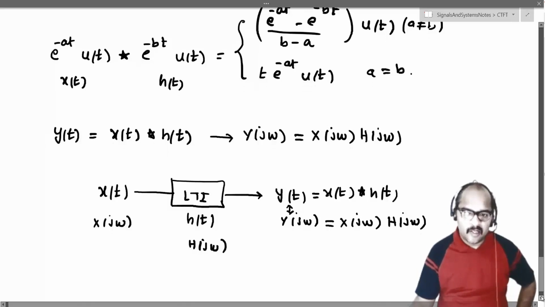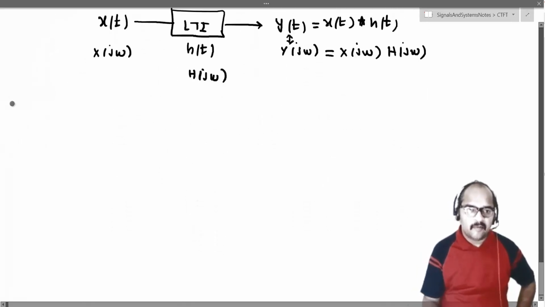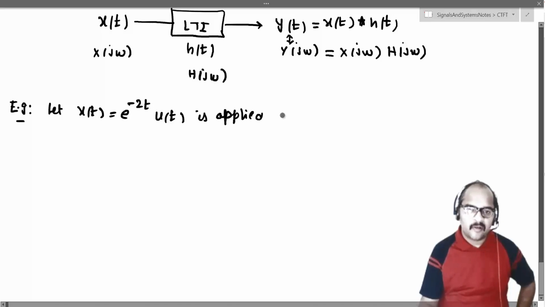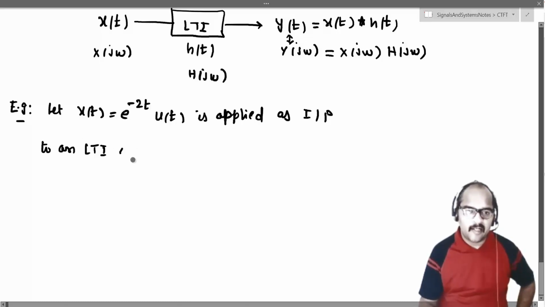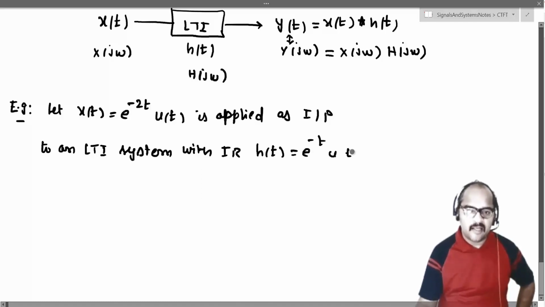Just to understand this a little better, we will take one example. The question may be asked like this: let x of t equal to e power minus 2t u of t be applied as input to an LTI system with impulse response h of t equal to e power minus t u of t.